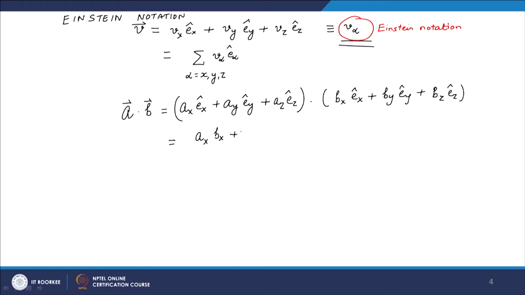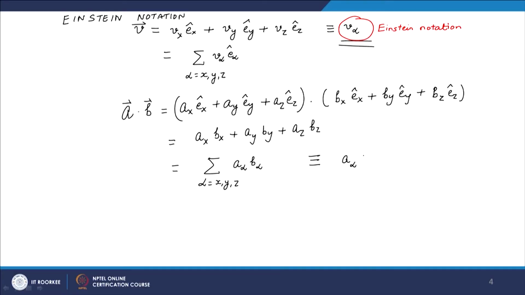So, using that we can get this as Ax Bx plus Ay By plus Az Bz. This is of course again cumbersome to write. Again I could have used a sum, alpha equal to x, y, z, A alpha, B alpha, and this basically means the same thing.